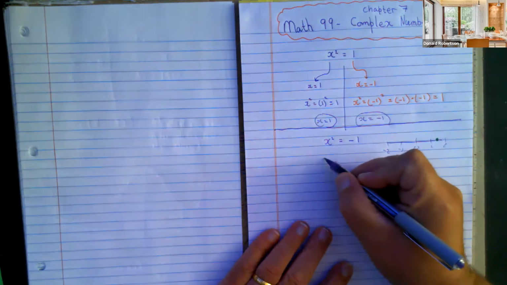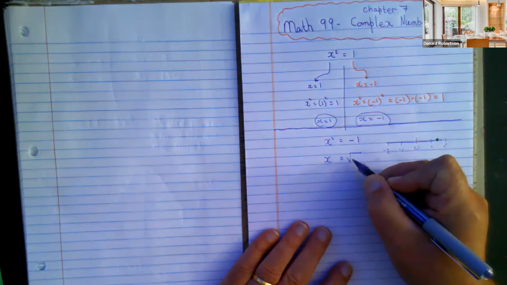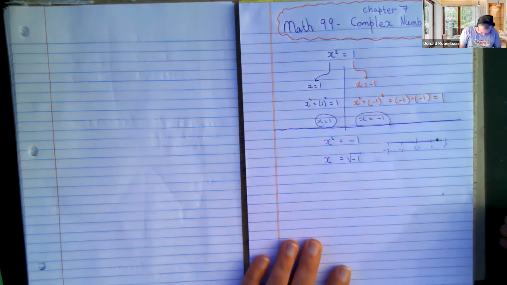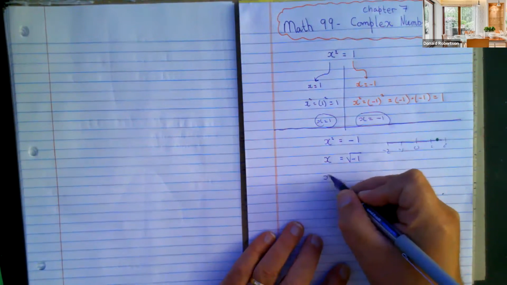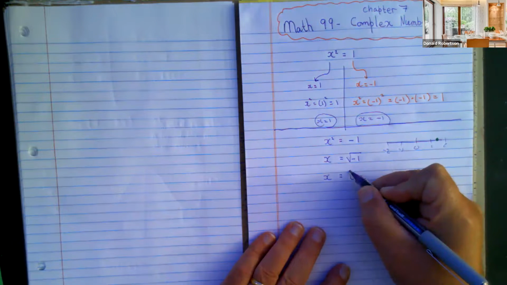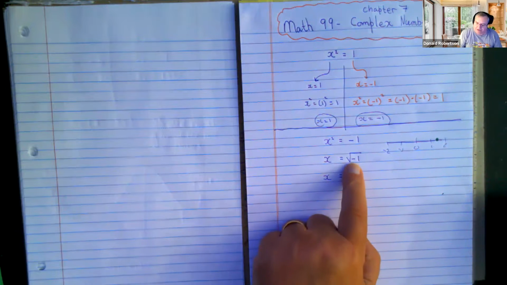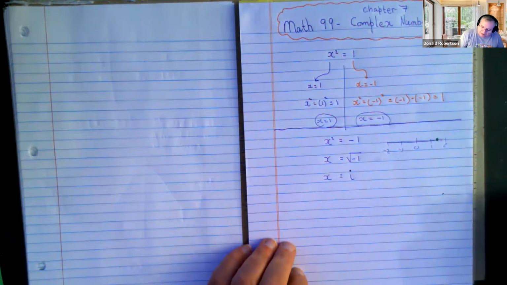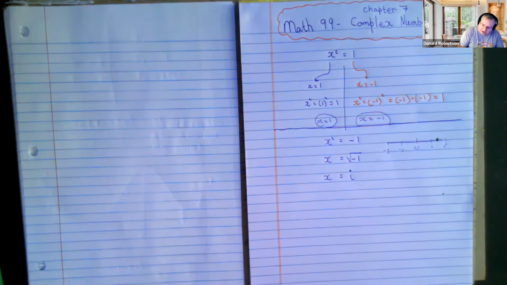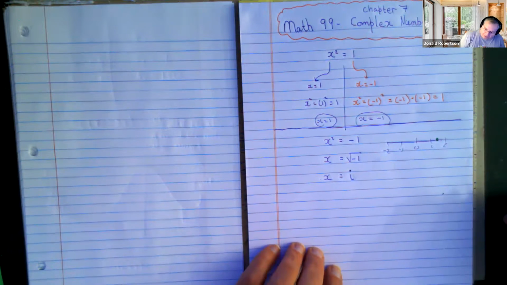Well, if you were going to be able to do that, x would have to be the square root of negative 1. And so they decided that they were going to create a new number, and it's given the letter i because it's easier to write i than it is to write down the square root of negative 1. And this new number i is going to be the genesis of the start of this new number system, which is going to be called the complex numbers.